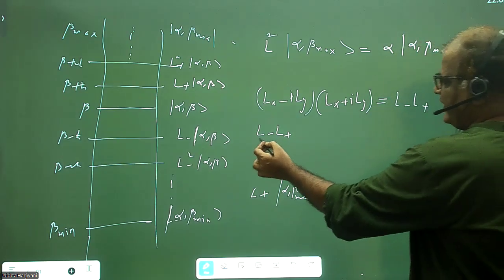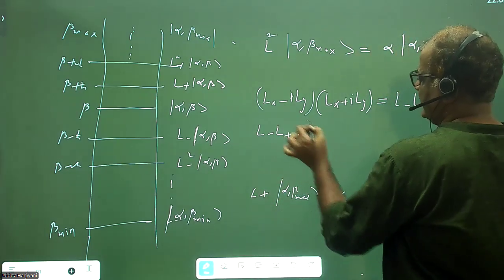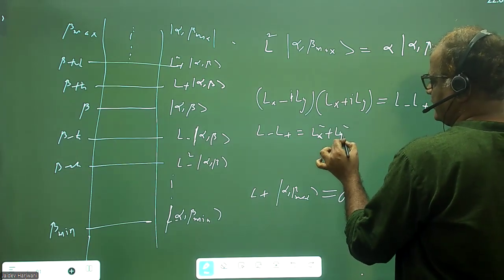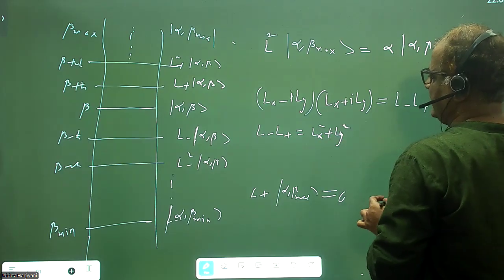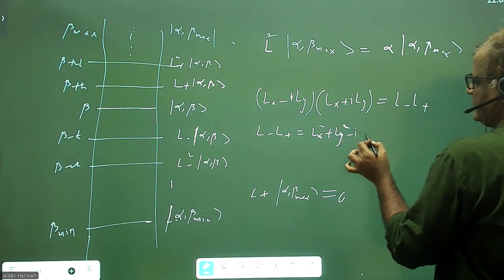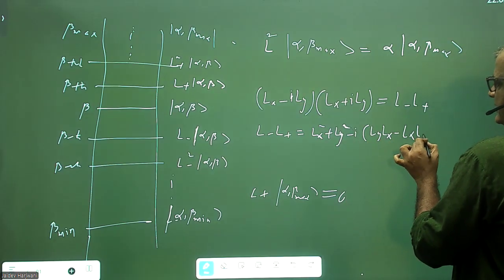So I want to find this operator now. This will be equal to Lx square plus Ly square, and now you have a minus iota times Ly Lx minus Lx Ly.